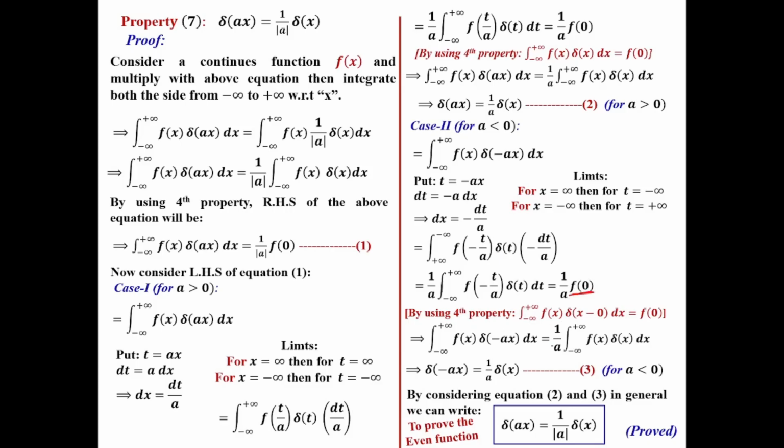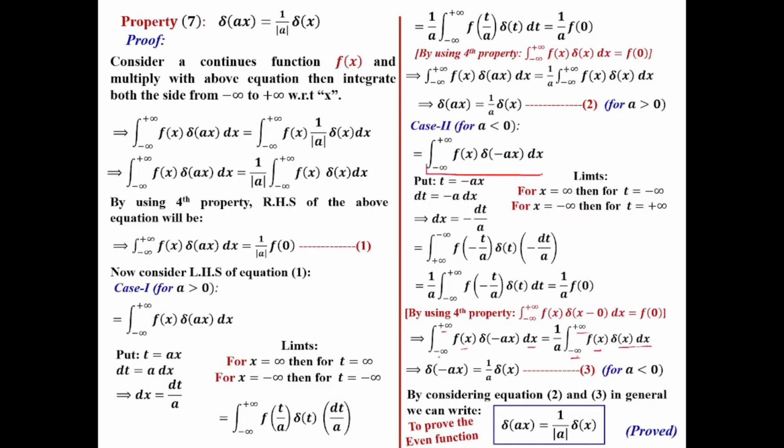Instead of f of 0, we can write the integral from minus infinity to plus infinity of f(x) delta(x minus 0) dx. So here we found the integral of f(x) delta(minus ax) dx equals 1 by a times the integral of f(x) delta(x) dx.